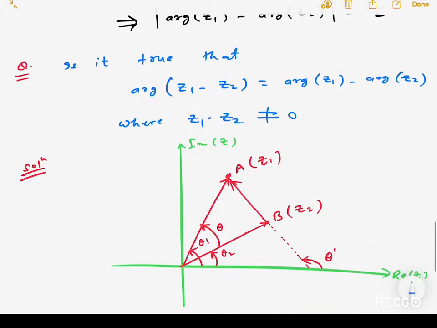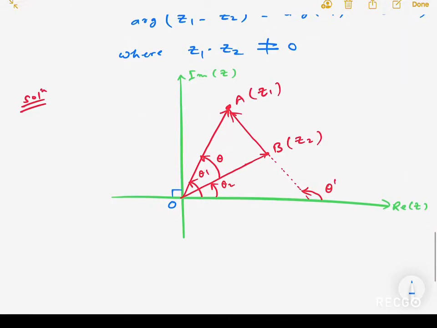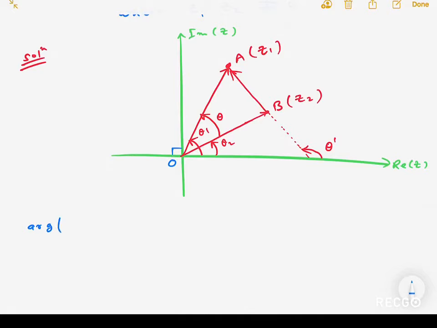Very simple, because z1 minus z2 is the vector BA, and the BA vector is making angle theta dash with the positive direction of the real axis, and therefore argument of z1 minus z2 is equal to theta dash. Now argument of z1 minus argument of z2 is theta. Let me first complete writing this.